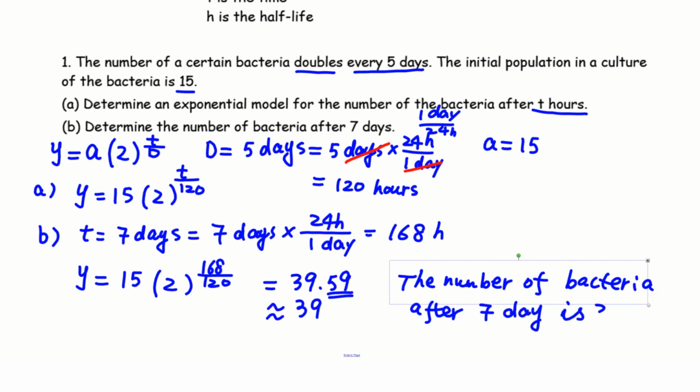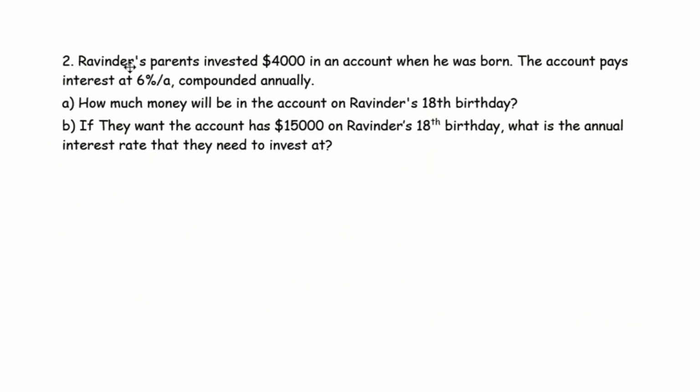So we round it off. Otherwise, we need to round it up if it's greater than or equal to 5. But for the living item, we round it off. So this is for question 1, doubling period. Then we are going to see the next example.